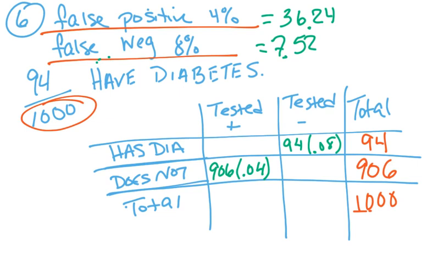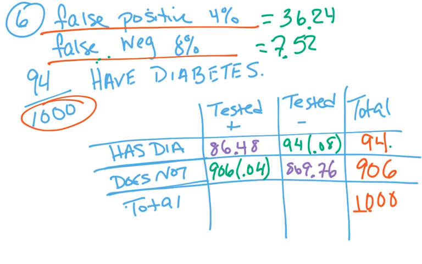So you can take 94, subtract 7.52 from it, and you're left with 86.48. And then you can do the same thing for the second row. So you'd have 906 minus your 36.24, which would give you 869.76.